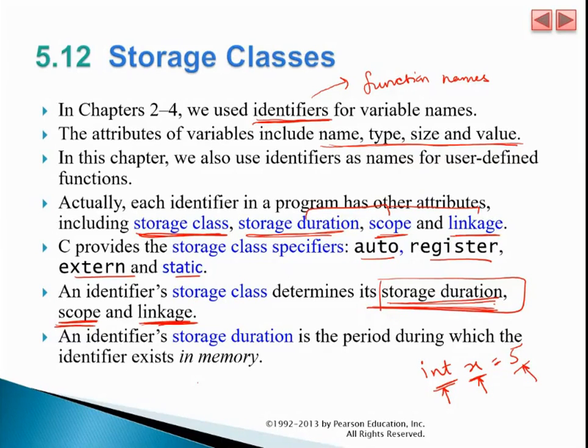So storage class specifiers are auto, register, extern, or static. Let's see in detail what these classes are and how they are categorized even further. The main thing in this slide is this: storage class determines the storage duration of the identifier, the scope, and the linkage.